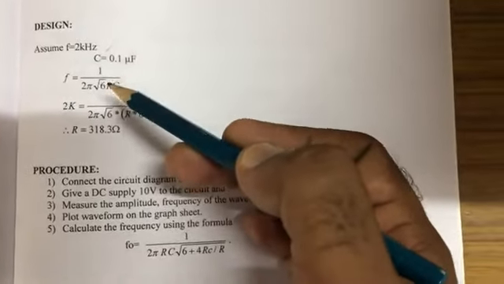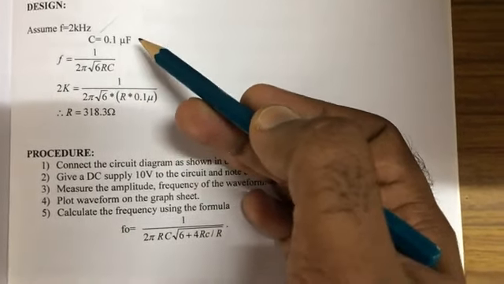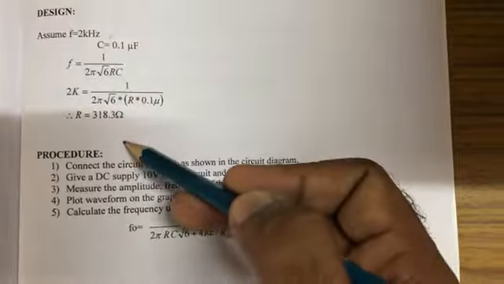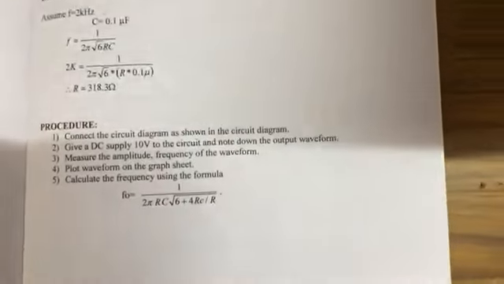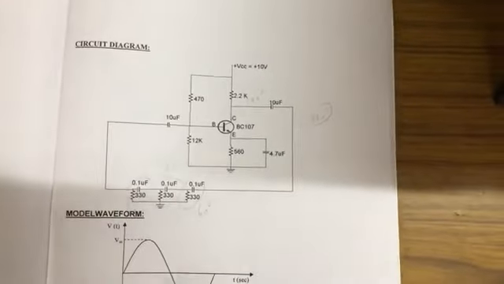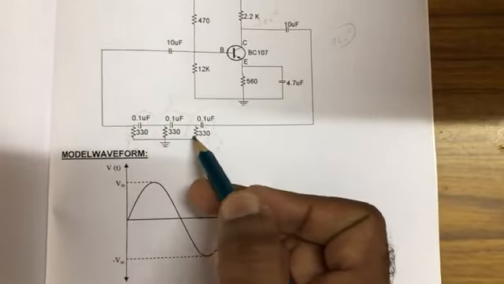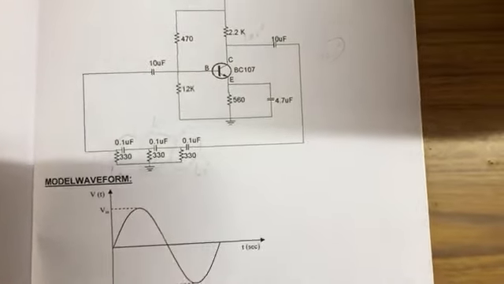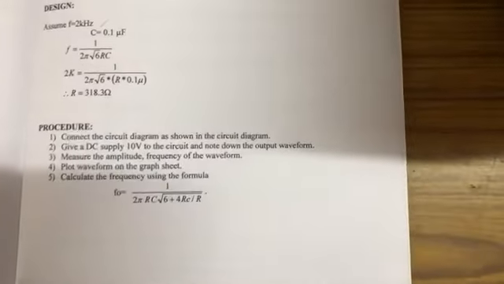By assuming the frequency is 2 kilohertz and keeping the capacitor 0.1 microfarad, we chose the resistor as 318 ohm, approximately 330 ohm, a nearby resistance of 330 ohm for the design, right?